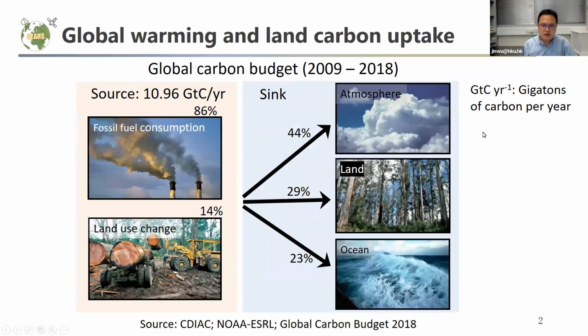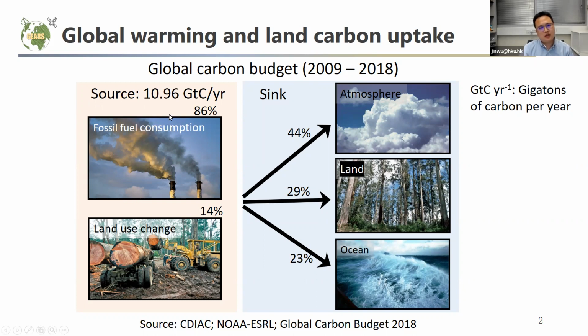As we know, global warming has already become a really major issue in our societies, both for its impact on our human society and for the natural ecosystem. An increasing consensus has also been reached that human-emitted CO2 is the dominant cause of global warming.